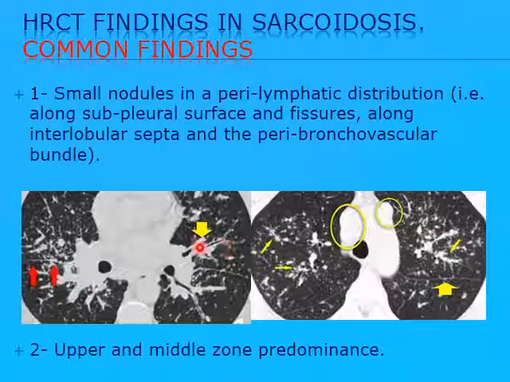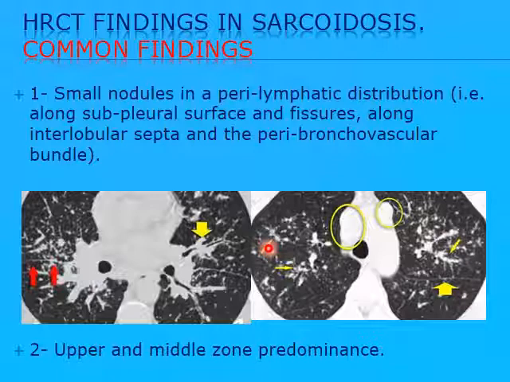This is an interlobular septum having a beaded appearance due to the presence of nodules. So these nodules are distributed in a perilymphatic pattern.